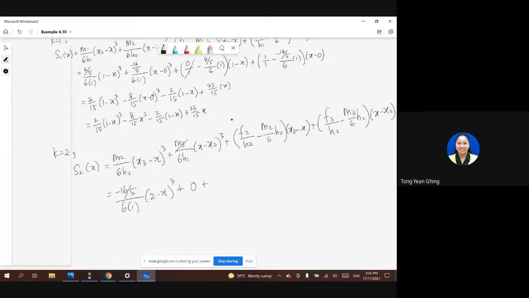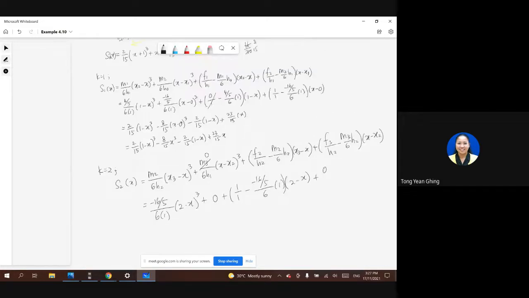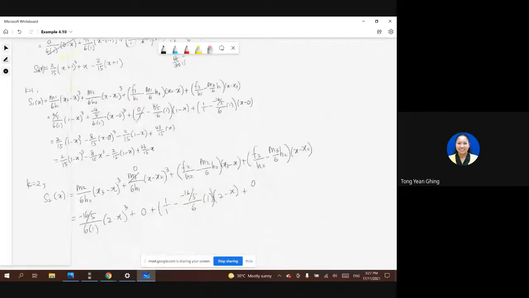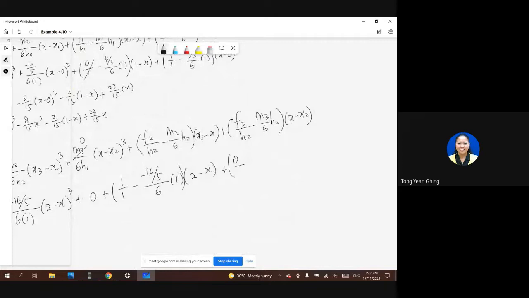So F2 is 1, over 1 minus M2, negative 16 over 5, over 6, H is 1, times x3 minus x, plus F3, which is 0, over 1 minus M3, which is 0 as well, times x minus x2. So the whole thing becomes zero.